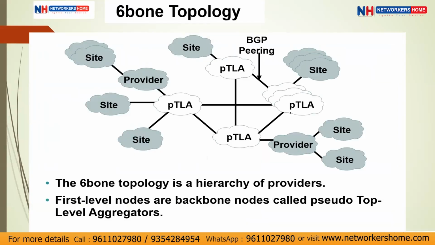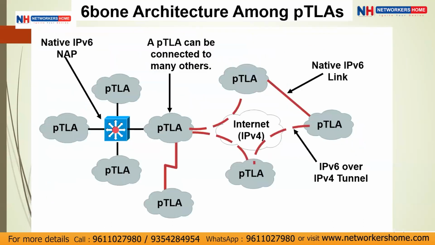So the 6bone topology is a hierarchy of providers. First-level nodes are backbone nodes called pseudo top-level aggregators. As shown here, you can see the pseudo top-level aggregators on all sides. We have native IPv6, the NAP, and a pseudo top-level aggregator can be connected to many others.